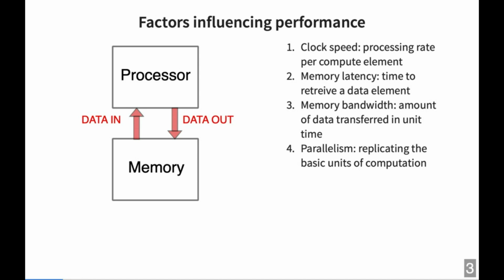If I can do that at all and I need a lot of data, one may then ask about memory bandwidth. That is, how much data I can push between memory and the processor in unit time. So that's usually typically expressed in something like gigabytes per second.